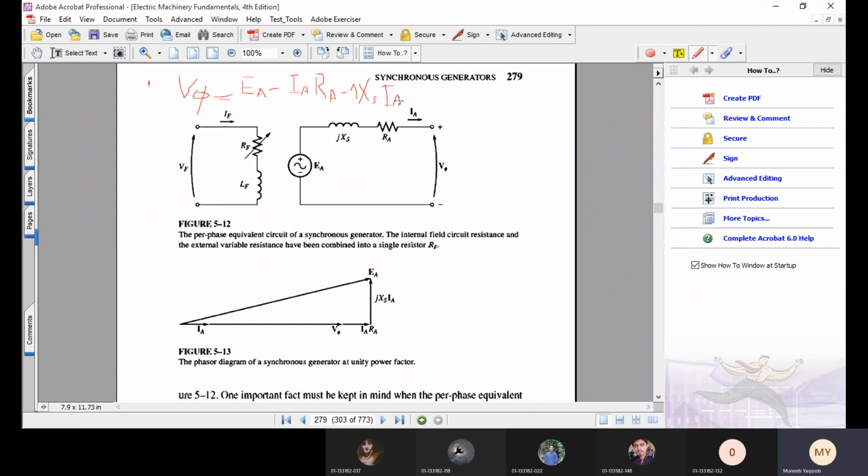That is, the output phase voltage V phi is equal to the internally generated voltage EA minus IA RA minus J times the synchronous reactance XS into IA.